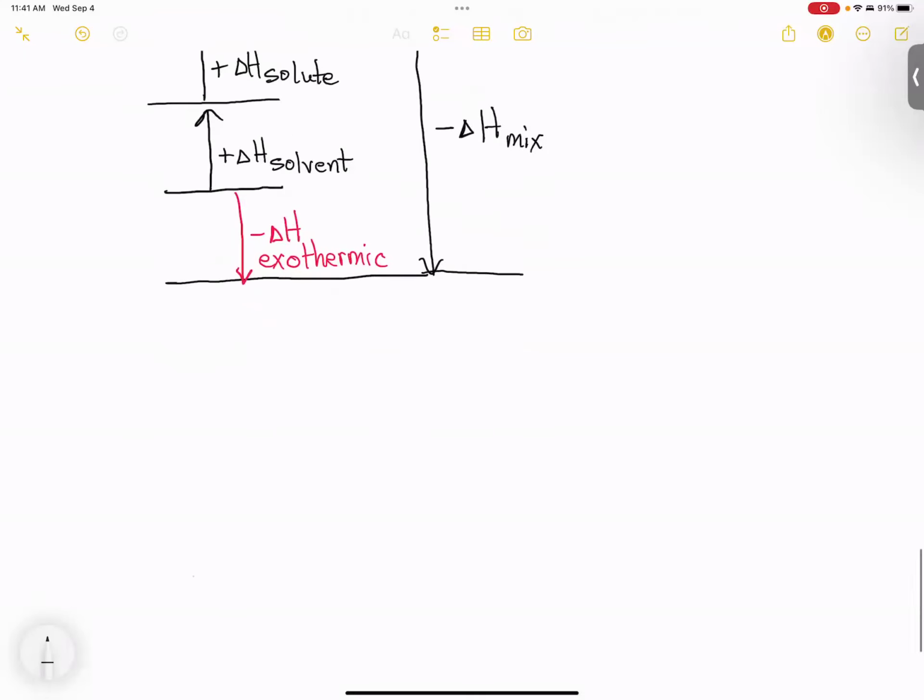Now, no matter what, to separate the solvent molecules, it is going to take energy. To separate the solute molecules, it is going to take energy.